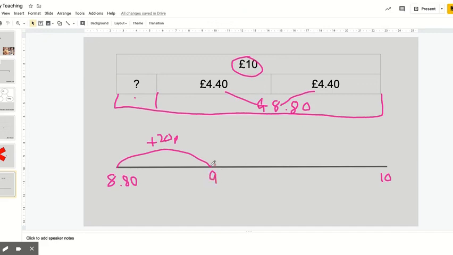And then I know I've only got to add £1 on to get to £10. I'm going to add these 2 values together. 20p plus £1 would leave me with £1 and 20 pence. So if I spent £4.40 and another £4.40 and I bought those items with a £10 note, I should be left with £1.20 change.